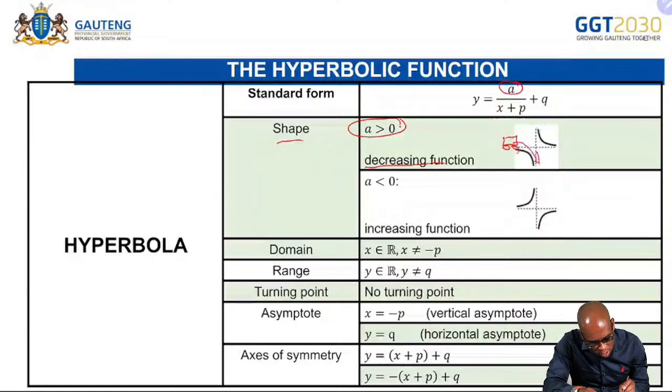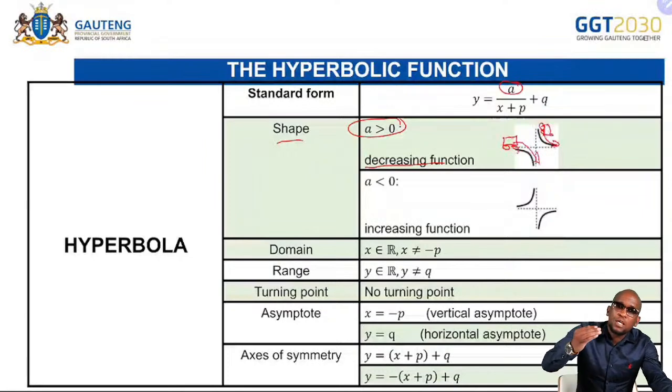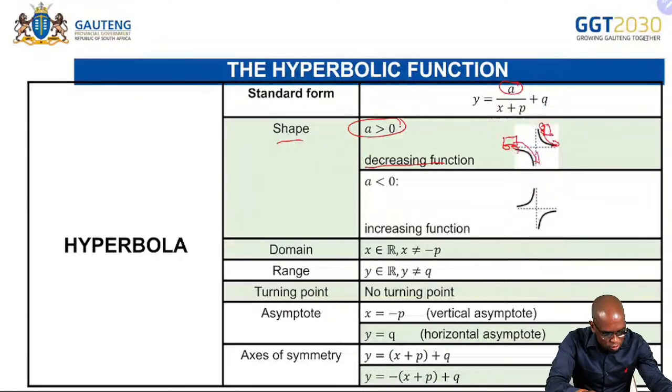Also on this other arm, it goes down. So this function decreases from minus infinity to its asymptote, and also decreases above the asymptote to infinity.